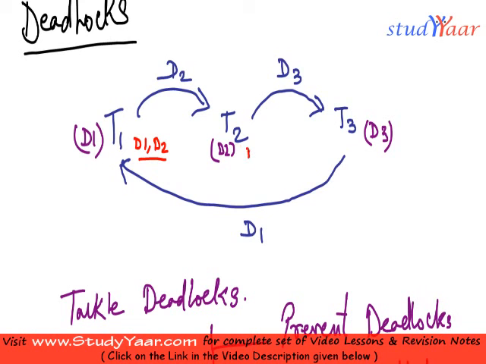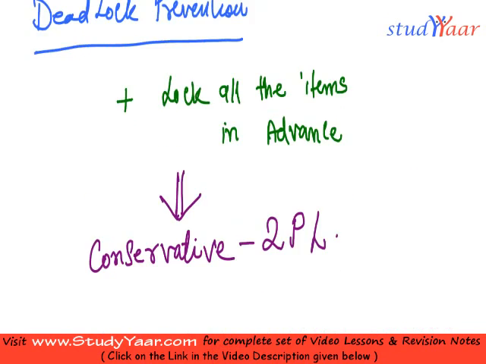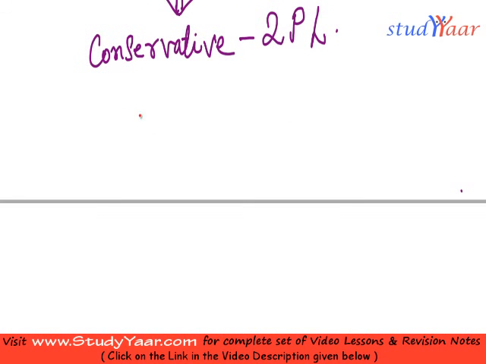So T2 requires D2, D3. And T3 is holding a lock on D3 and it requires D1. So these are the data items required by T3. Let's suppose, as per this protocol, I have T1, and T1 requires D1, D2. So what is he going to do?